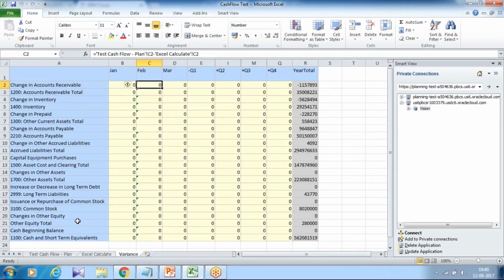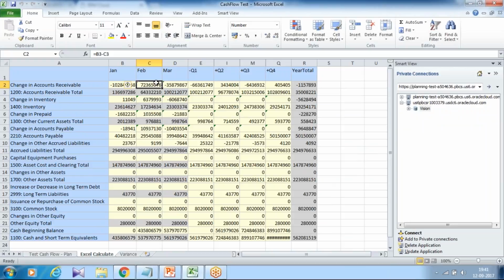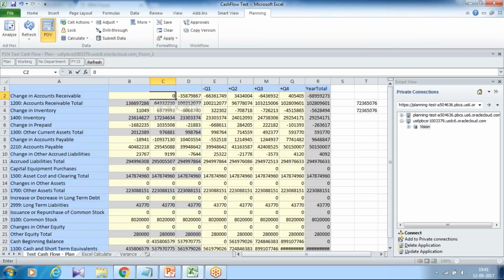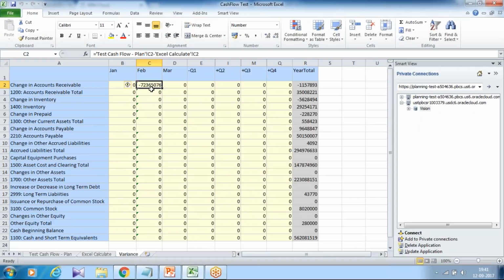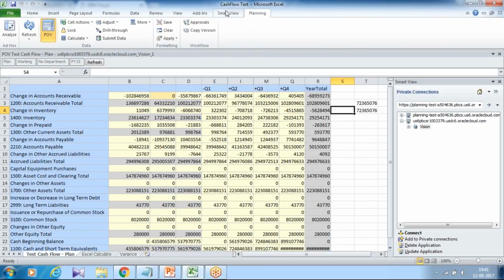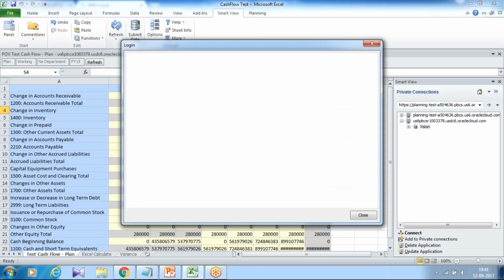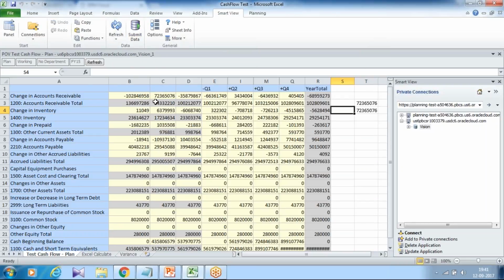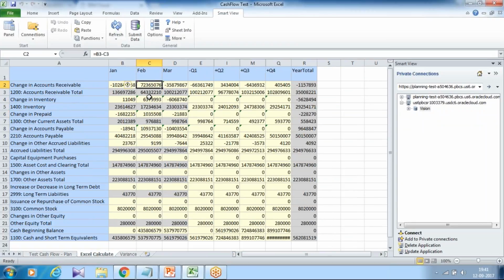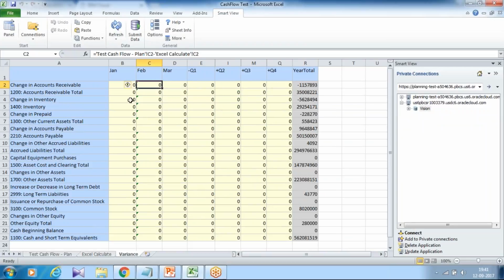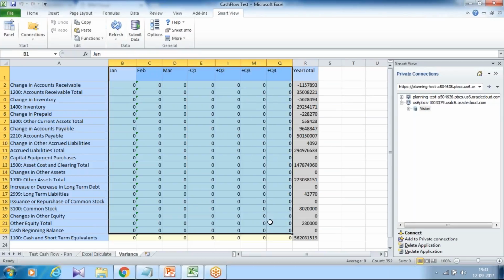So variance is the difference between the calculation done by the business rule minus the calculation done in Excel. You can test once again. I turn it to 0, and you can see the variance over here. Once you input a number and submit it, the business rule will be invoked and the difference between both of them is stored over here, which is the same as the calculation done in Excel, and therefore variance is 0.